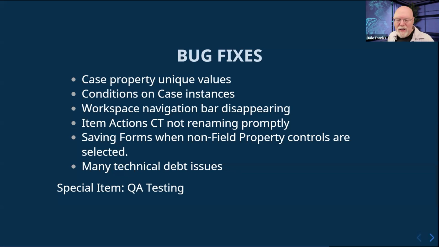And finally, a special item. It's not really a bug, but it's kind of a bug prevention thing, and that is QA testing. Based on our release experience with version 6, we are implementing a much more rigorous and comprehensive testing plan for new releases.